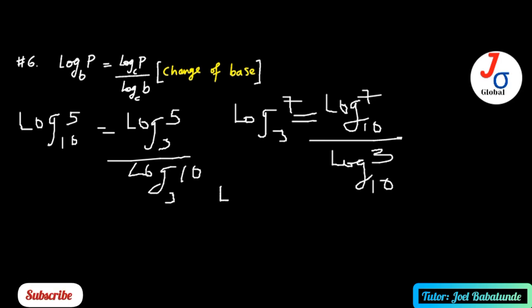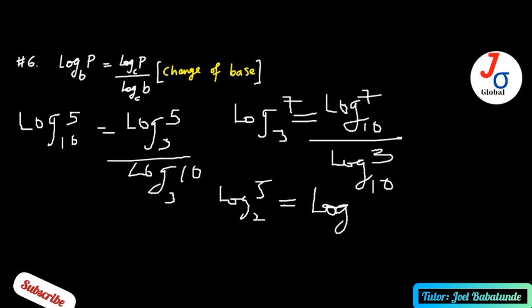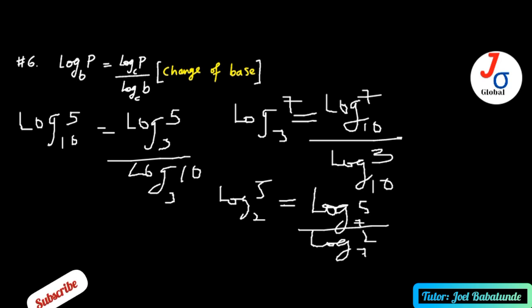Let's say one more example. Log 5 base 2. Let's convert that to log in base 7. That's going to give us log 5 base 7 over log 2 base 7. And so that's how to convert to different bases.